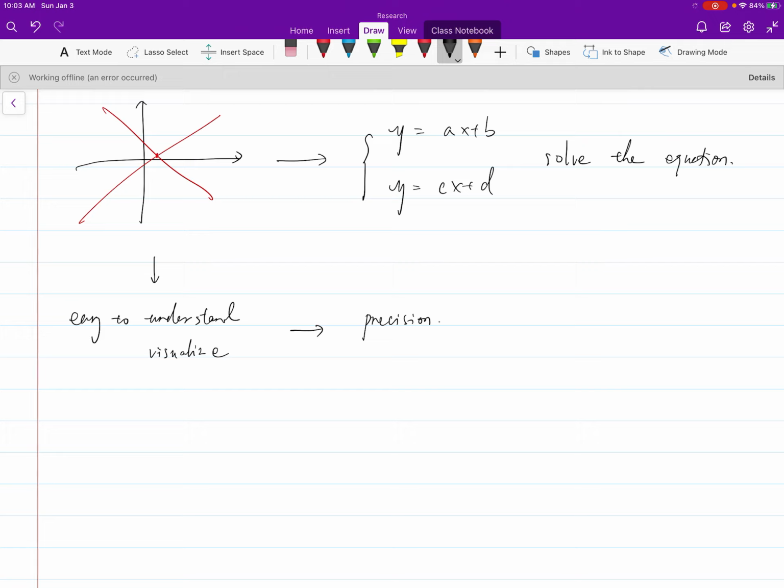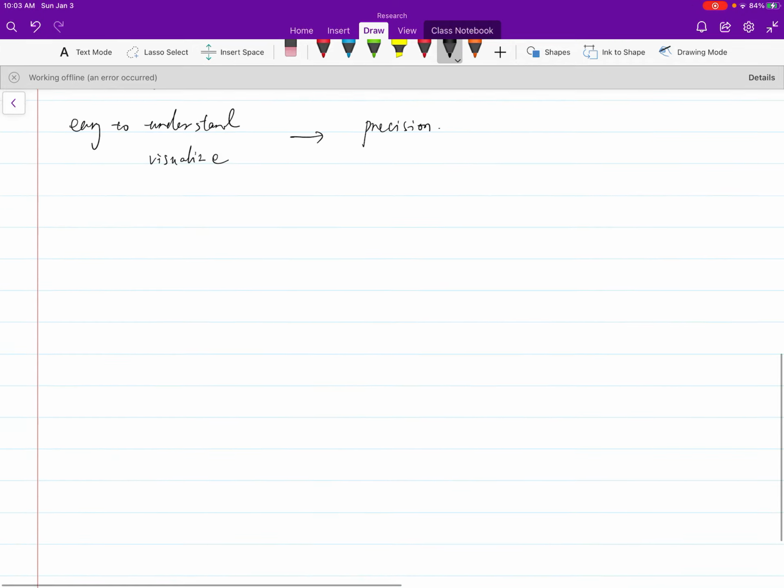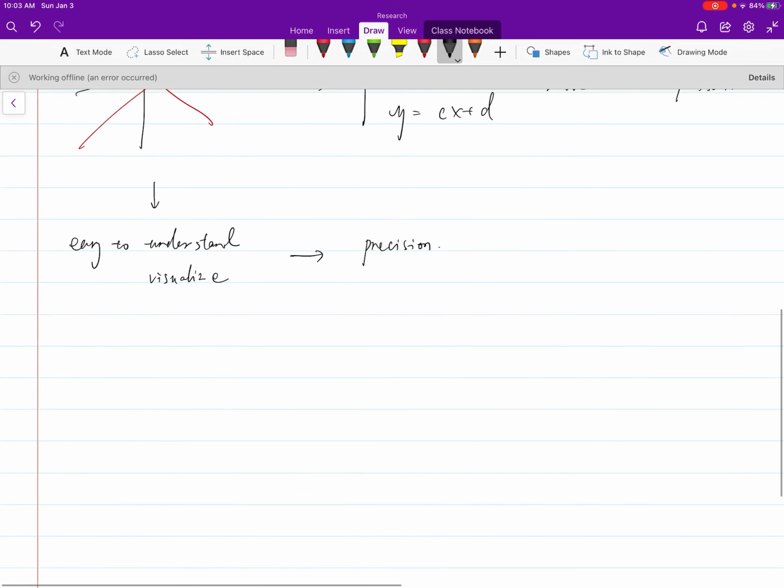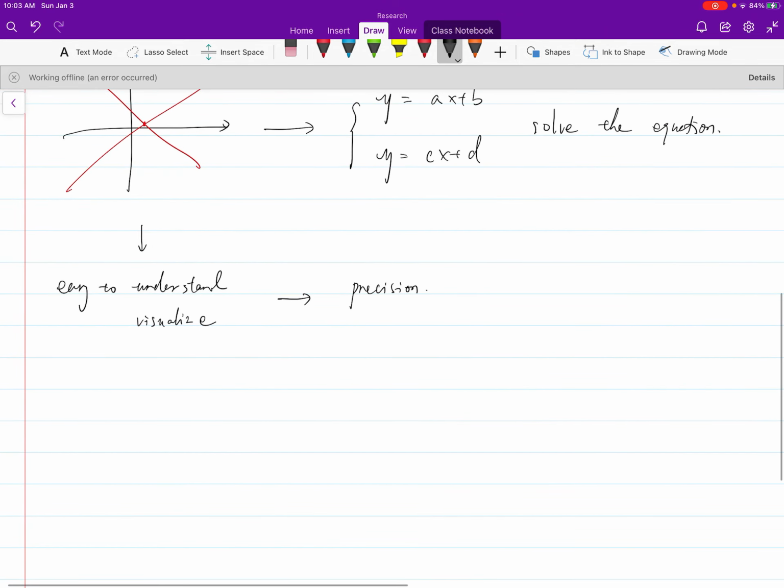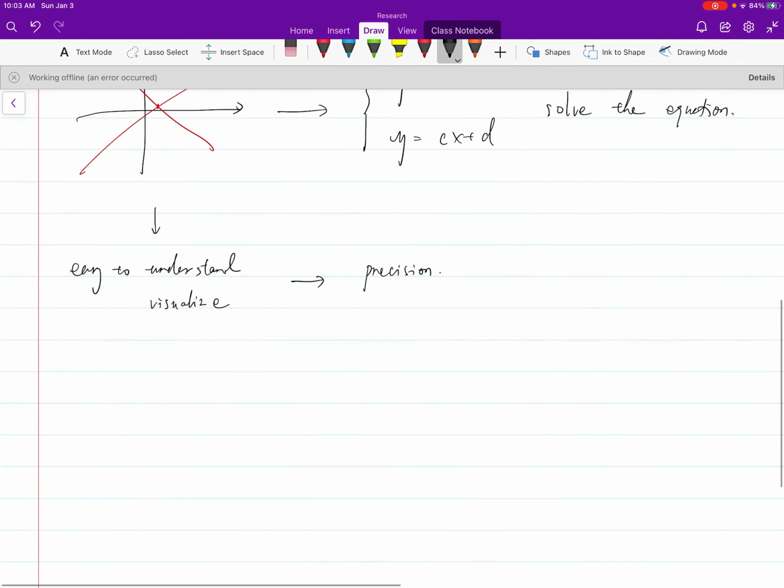You lose understanding, you lose visualization, but you do obtain precision, because solving equations can be super, super accurate. You can solve for something like square root of 3 over 2, compared to geometry, where probably our mind can only do integers, at most some simple fractions like half the size. That's the beauty of this.